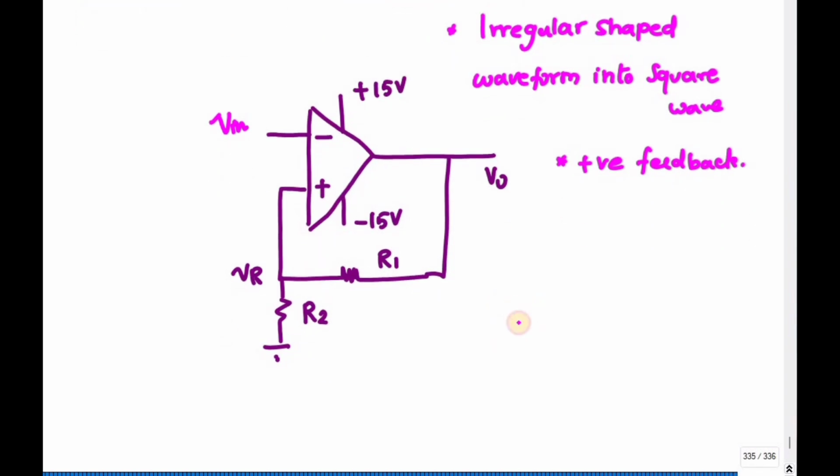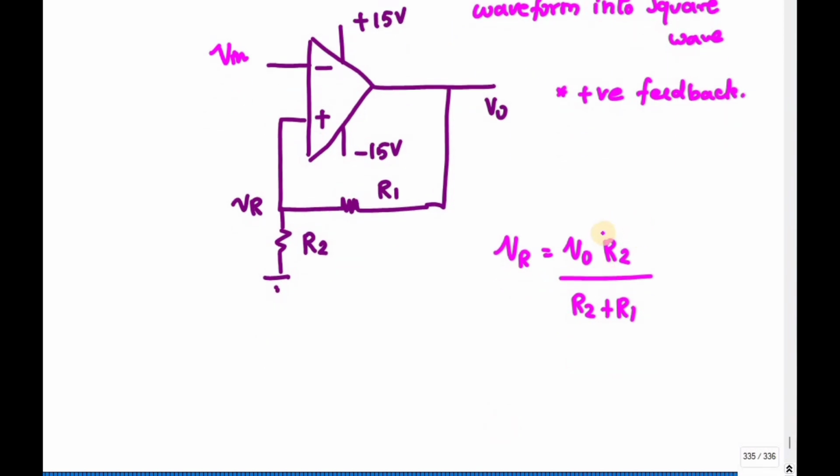How to derive the value of VR? According to the voltage divider rule, VR is equal to V naught into R2 divided by R2 plus R1. This term R2 divided by R2 plus R1, I can write as beta, so VR is beta into V naught.